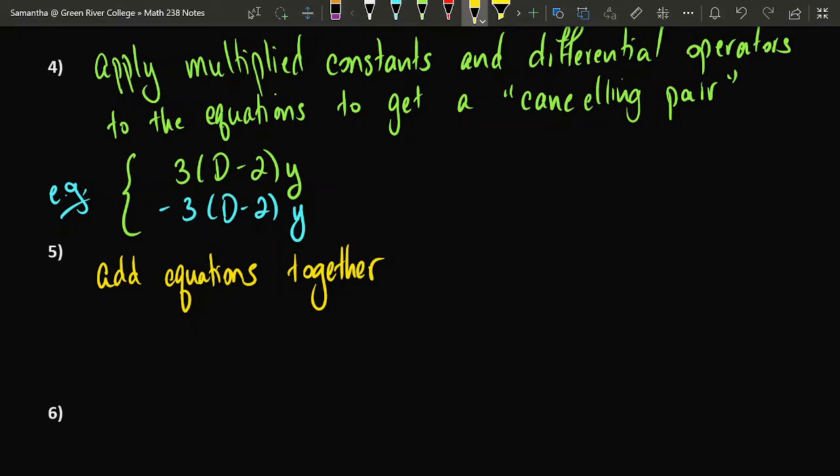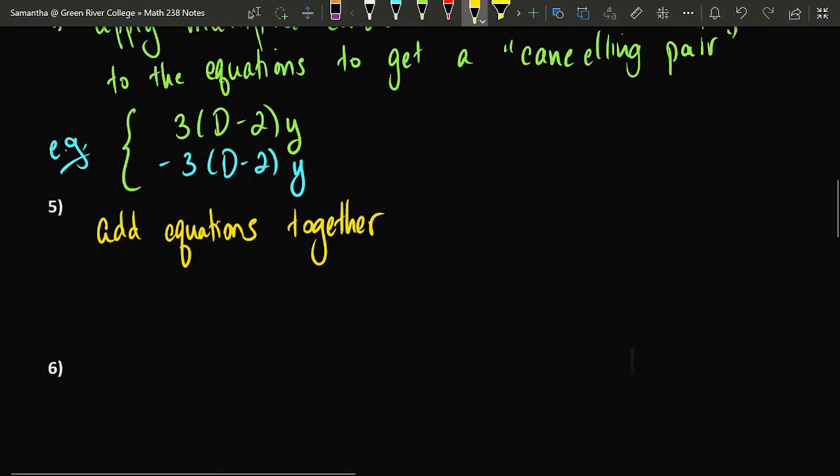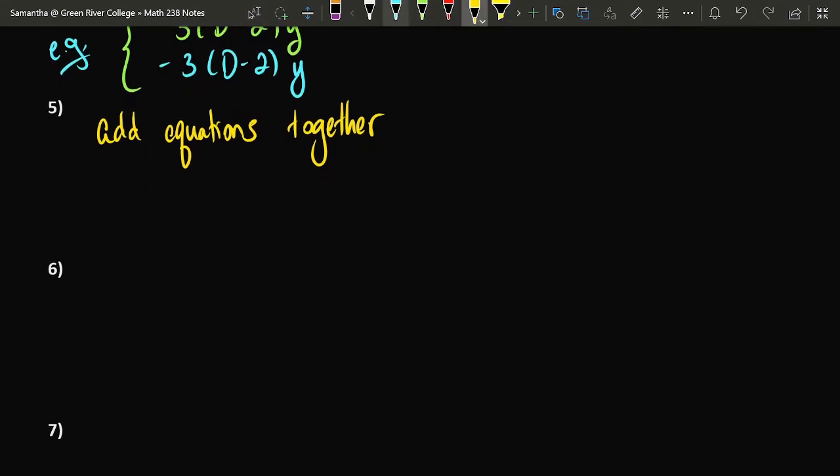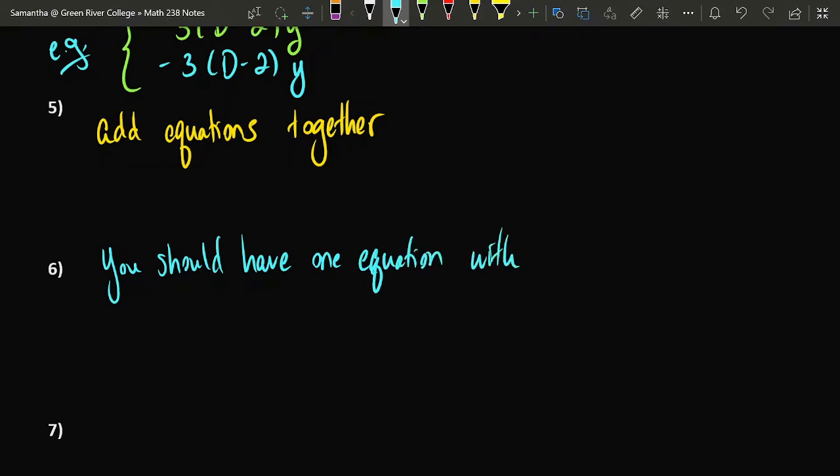Now, once you've eliminated that canceling pair, you should be left with a single equation with only one output variable. So solve that equation to figure out the value of that output variable.